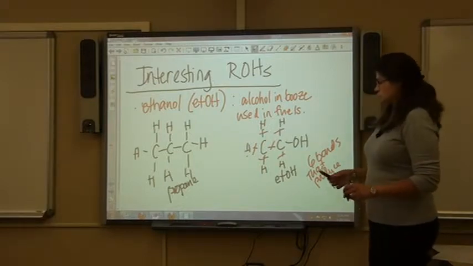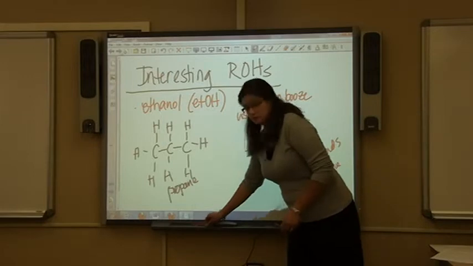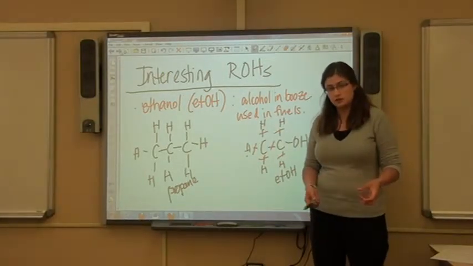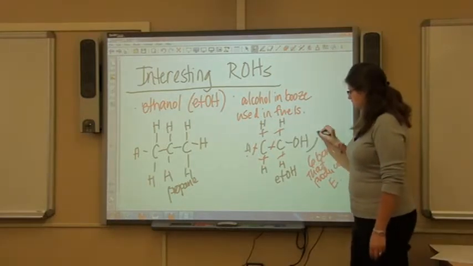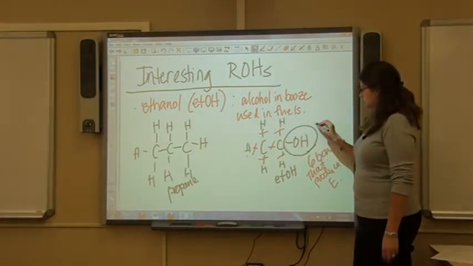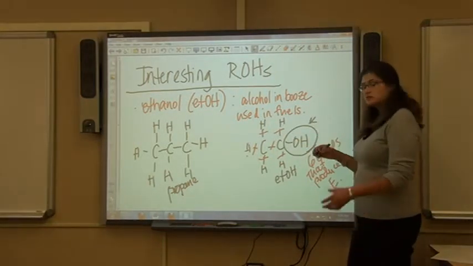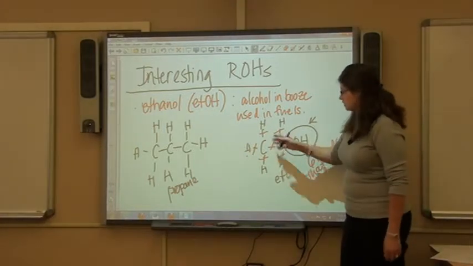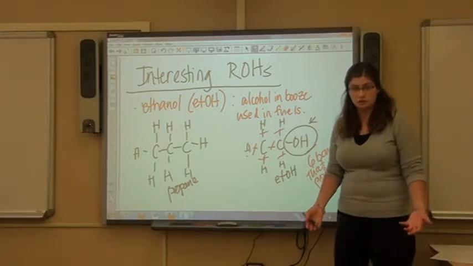Now, the trouble with ethanol used as a fuel is that when the compound itself is broken down, this alcohol group breaks off from the rest of its parent molecule because all of these bonds are being broken. You're burning the fuel.